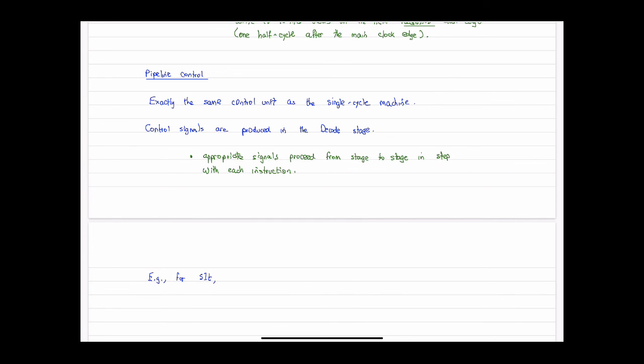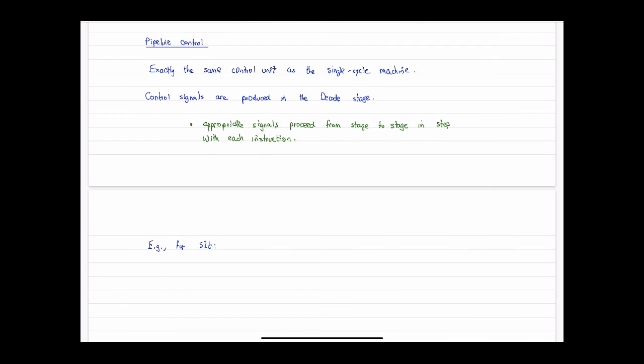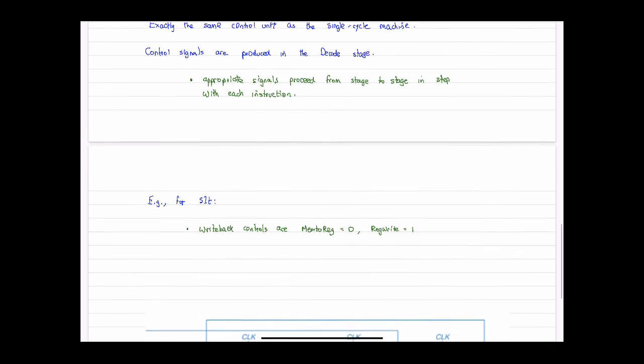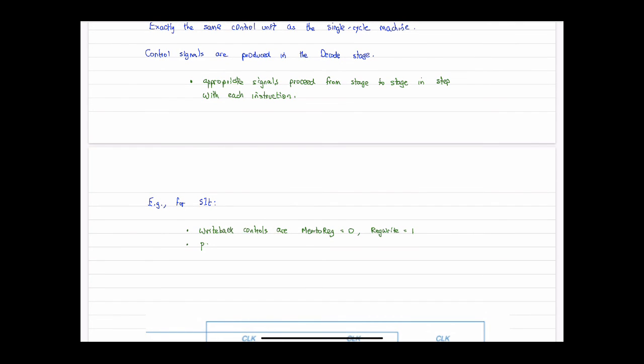For the set on less than instruction, for example, in the write back stage, there are two controls. MemToReg controls that last multiplexer, and RegWrite is what we need to tell the register file that we're going to write a register into it.